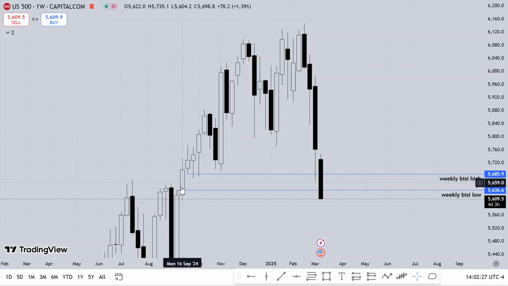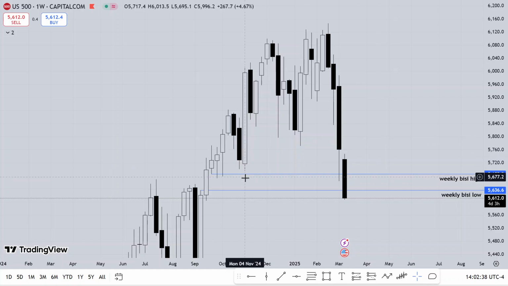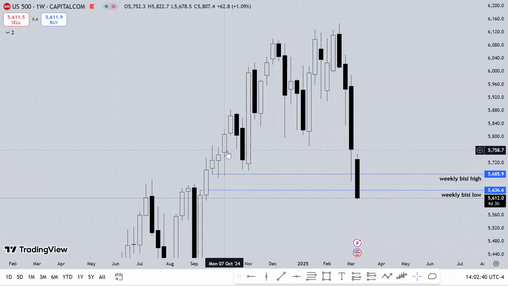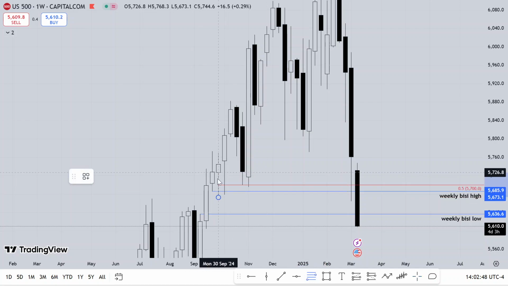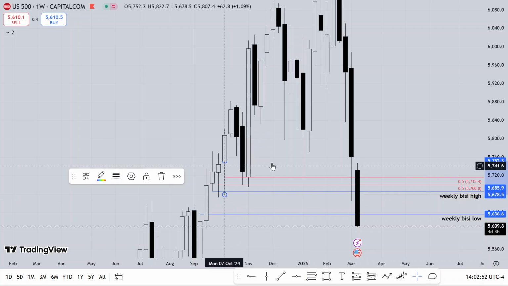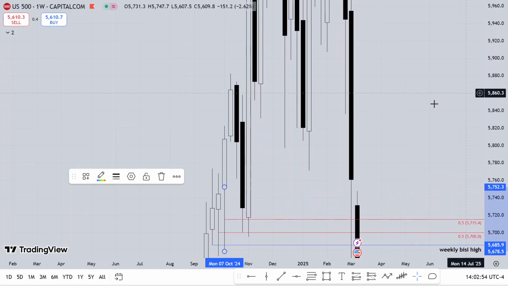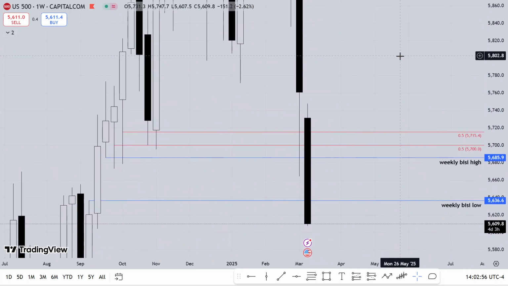So, on that note, we indicated this weekly BC. The low of the weekly BC was indicated and the high of the weekly BC was indicated. Now, if you take a look at these imbalances here, these weeks are imbalances, if you can remember. So, we're going to use our fib to get the midpoint of these imbalances because they are too closely put together.